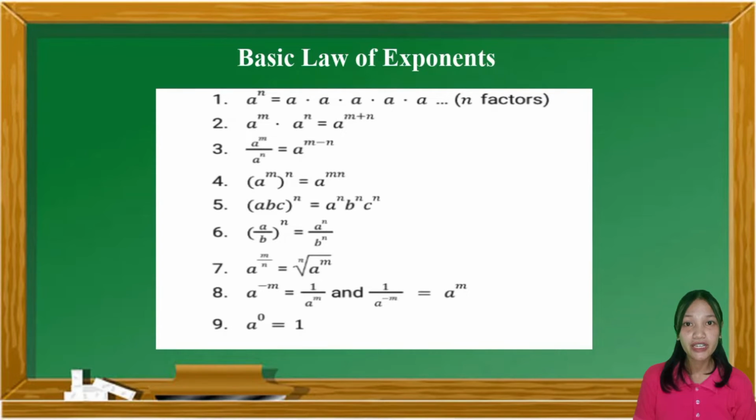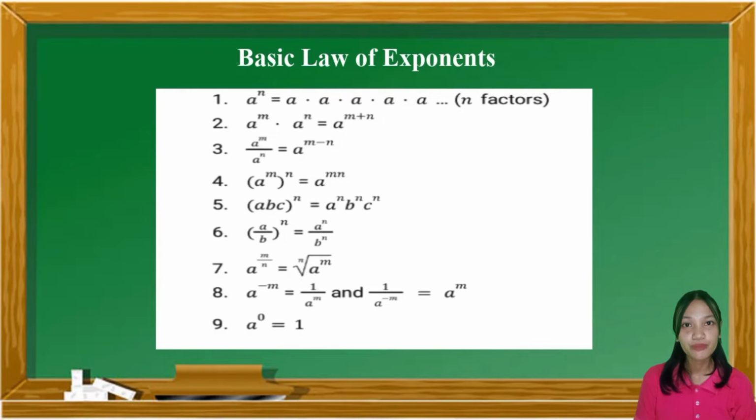When multiplying the same base with exponents, we always add the exponents, then simplify.